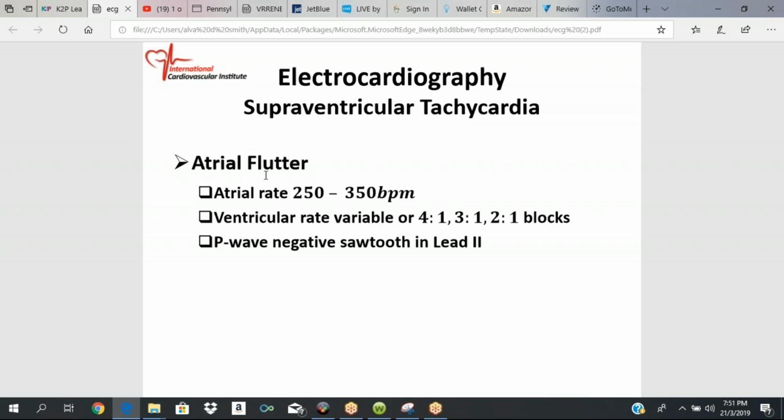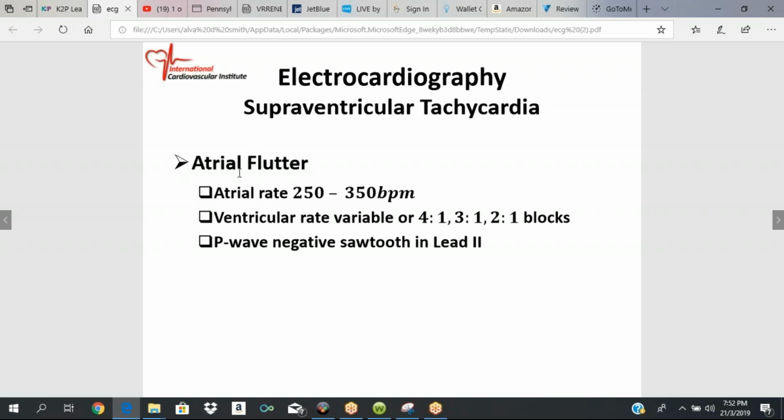When you look at the atrial rate, that is the separation of the P to P interval, the atrial rate is usually between 250 and 350 beats per minute. But the ventricular rate is usually some factor of this, probably half of it, 1/3 of it, or 1/4. So we usually talk about 4-to-1, 3-to-1, or 2-to-1 blocks.